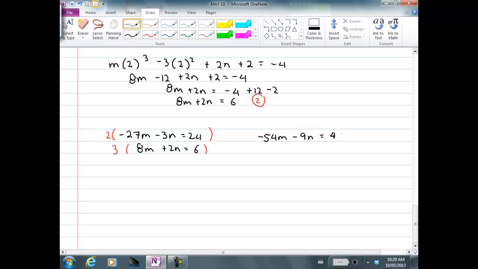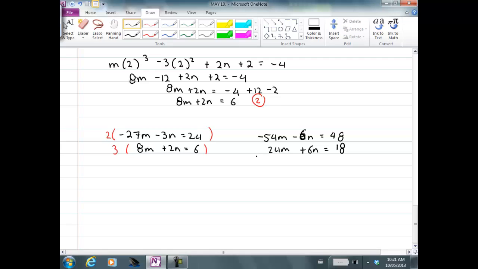I want to see who's awake. 48. Now, you should have 24m plus 6n equals... Oh, I was sorry. My eyes were crossed when I did this. I crossed my eyes, so I thought that 3 was up. So that's equal to 18.